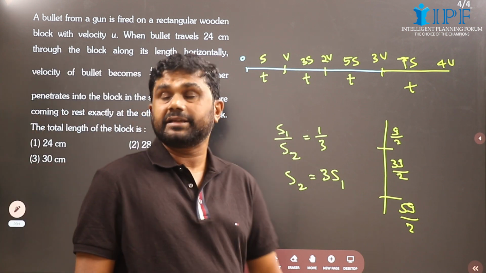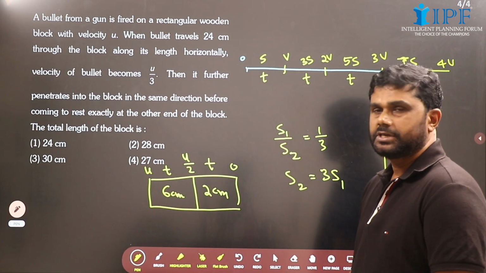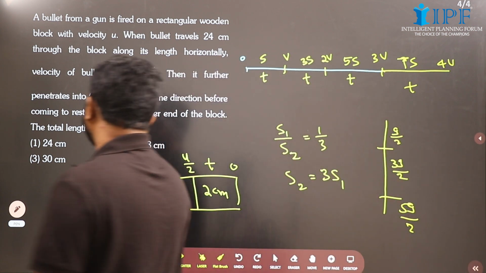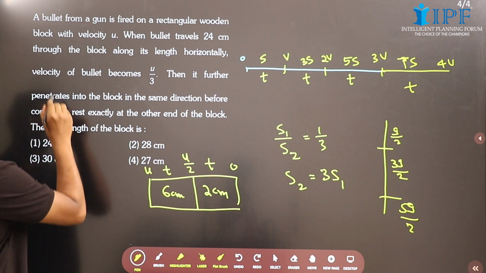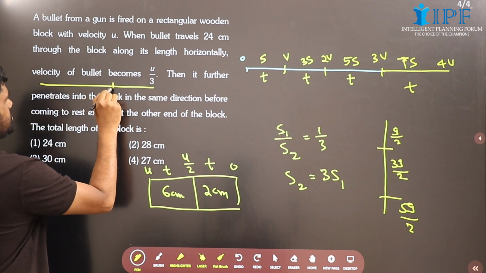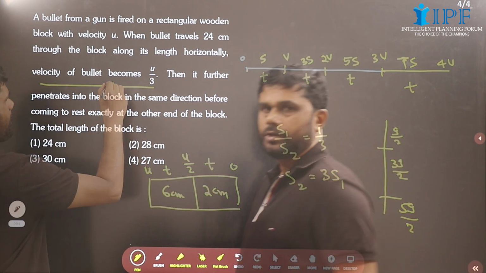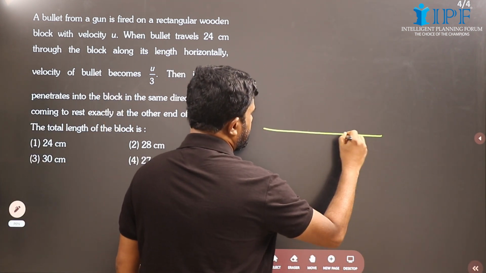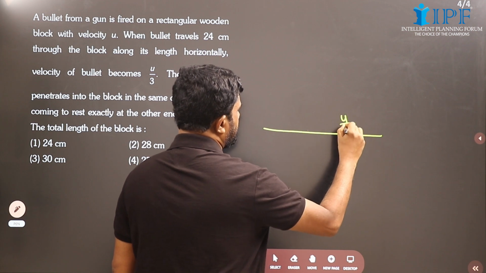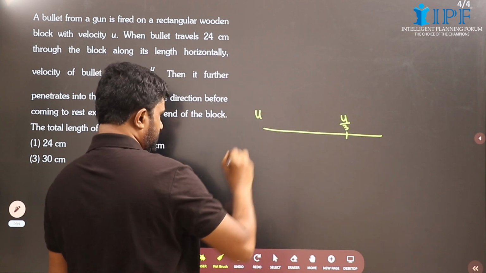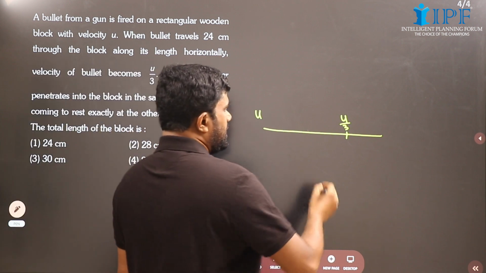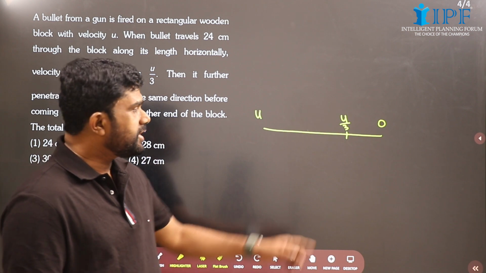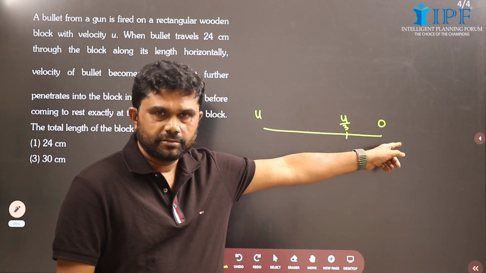Okay, and see, in this given problem, the velocity falls to u by 3. Means here the velocity is u by 3. Okay, here the velocity is u. And when it comes to rest, its velocity is 0. So it has to lose 1 u by 3.